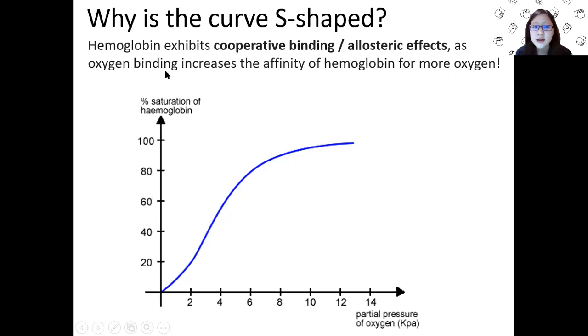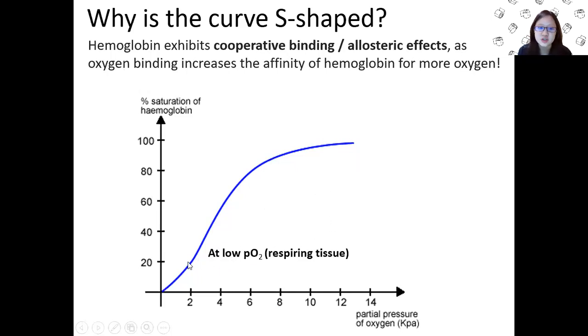This means that when one oxygen binds, it will increase the affinity, which is a degree of attraction, of hemoglobin for oxygen, which means the first one is quite hard to bind, but the second and third oxygen molecule will be easier. So let's look at this curve and think about it that way.